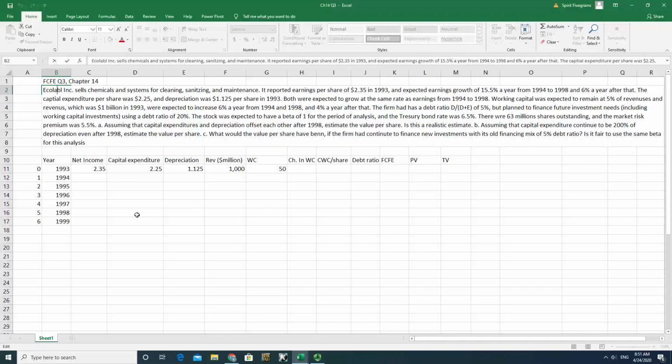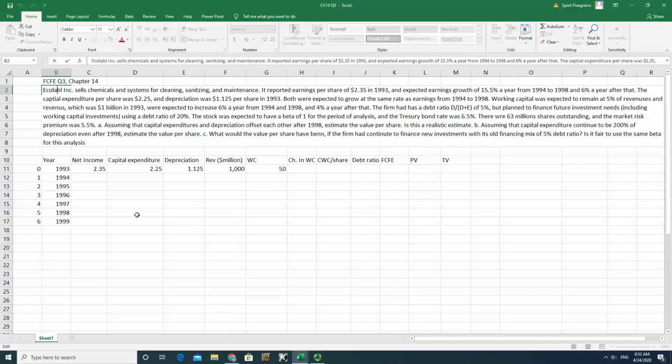Question B. Assuming capital expenditure continued to be 200% of depreciation even after 1998, estimate the value per share. C. What would the value per share have been if the firm had continued to finance new investments with the old financing mix of 5% debt ratio? Okay, you need to solve 3 problems here with different assumptions. Let's start with answering question A.